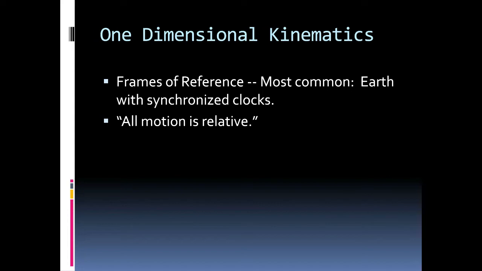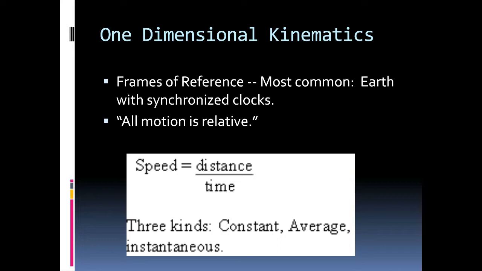You need to pick your reference frame. For right now, we're going to choose the Earth with synchronized clocks. It's known that the reference frame we're really interested in is an inertial reference frame, and we're going to treat the Earth with synchronized clocks as a good approximation of an inertial reference frame. It's not technically, and we'll talk about why in class, but for right now, we're going to treat it as an inertial reference frame. It's pretty good for what we want to do.